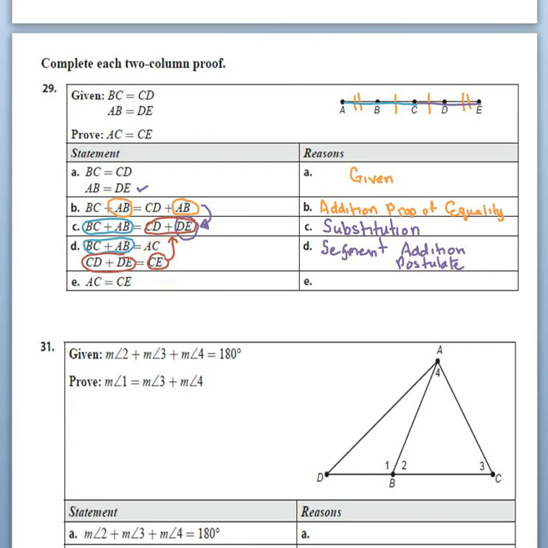I can also look at BC plus AB and see what it's equal to. It's equal to AC. So up here in statement C, BC plus AB is also equal to AC. So I can replace BC plus AB with AC. So if I do that, this is what the equation would look like. I would have AC on the left side. Actually, let me go back to blue.